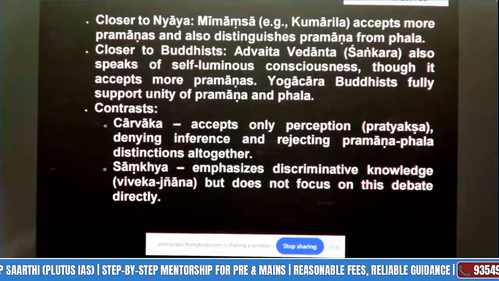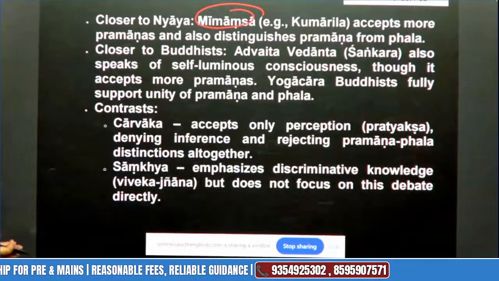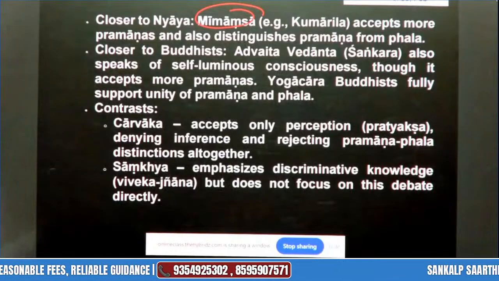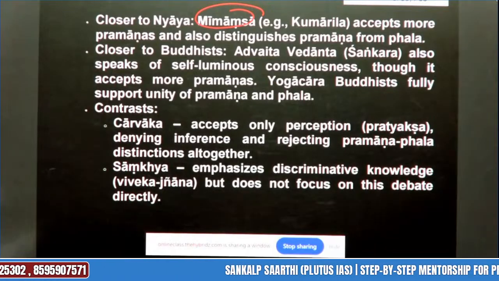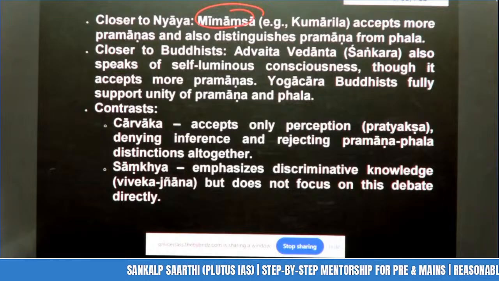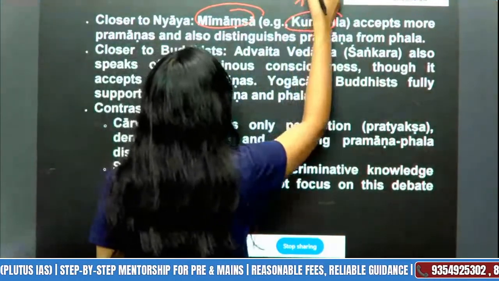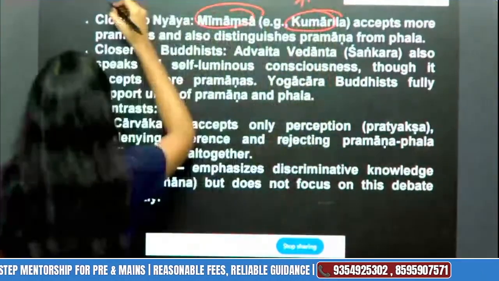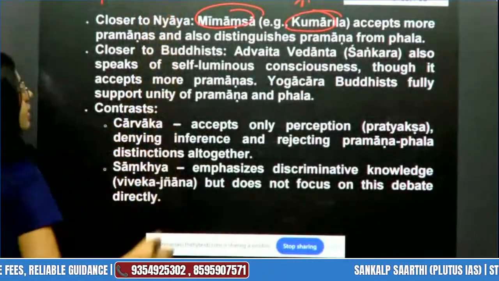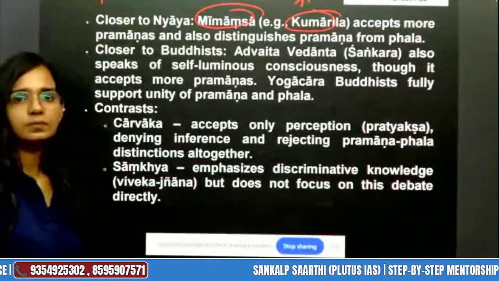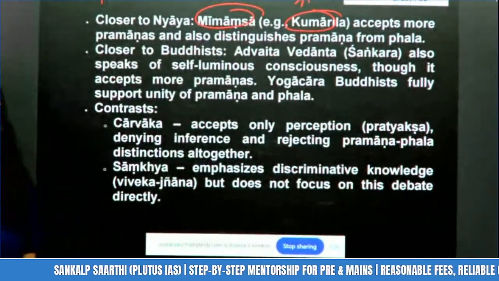Closer to Nyaya, you can add the example of Mimamsa. Mimamsa accepts more pramanas and also distinguishes pramanas from phala. What did Mimamsa accept? It accepted six pramanas, right? Perception, inference, comparison, testimony. What are the other two, Saptarishi?